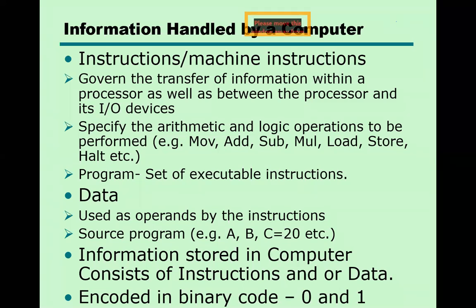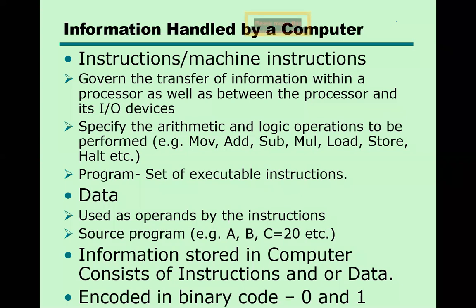We provide data, for example, if you are performing an addition operation. In the addition operation, you are using two variables, for example, A and B. We can say these A and B are the operands of the instruction. In assembly language, if you are writing ADD R1, R2, what does it mean?